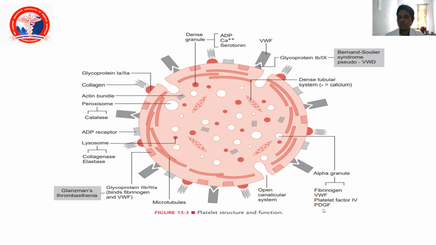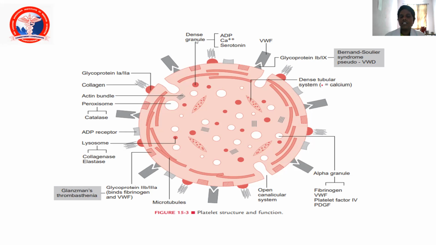Then coming to platelet derived growth factor, as the name mentions, it is a growth factor which helps in the aggregation and proliferation of myofibroblasts at the site of injury, and also helps in the repair of the vessel wall.